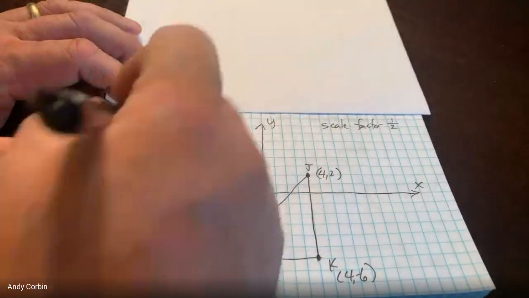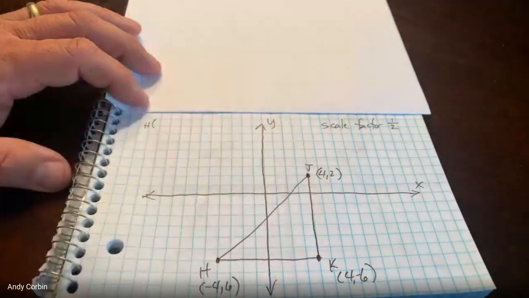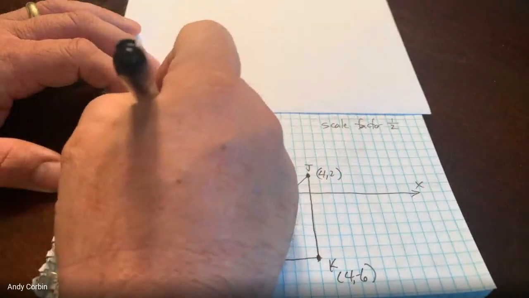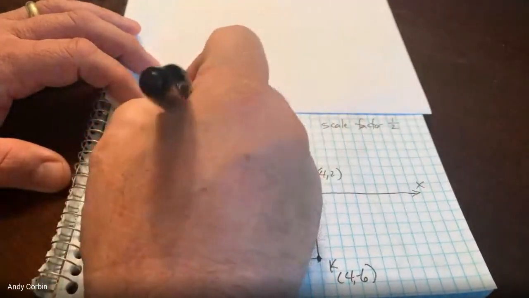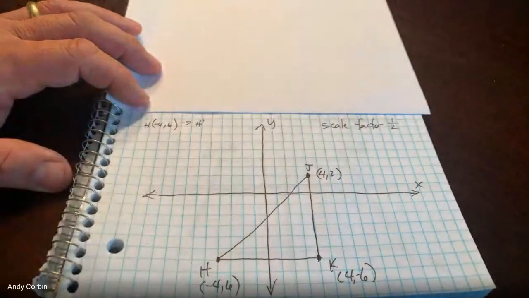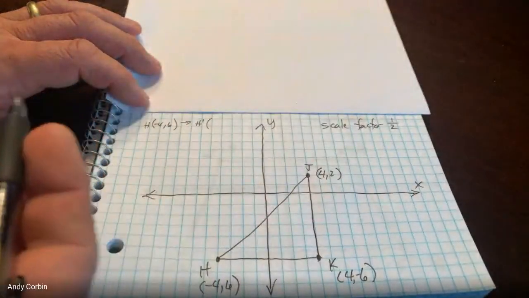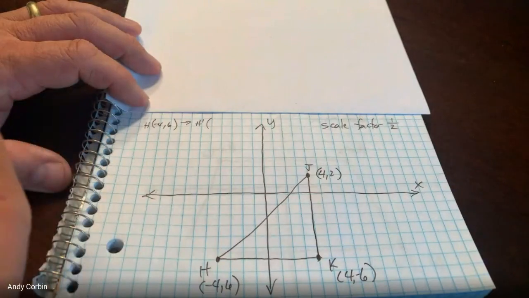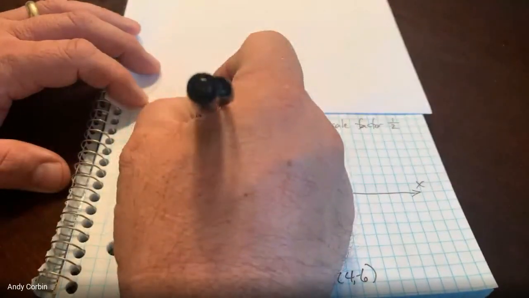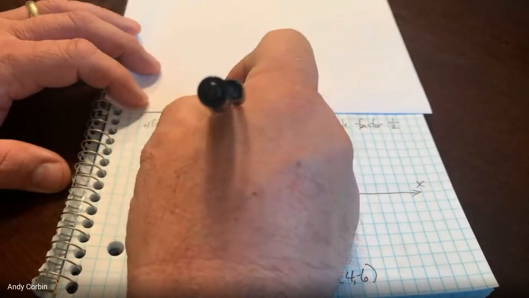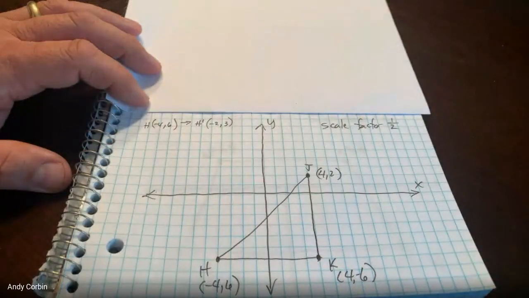So I'm going to take H here, and H is -4, 6. And so H prime, if I take half of, and taking half of means the same thing as multiplying, or dividing by 2, is going to give me -2, 3. Okay, and I'm going to do all of these.